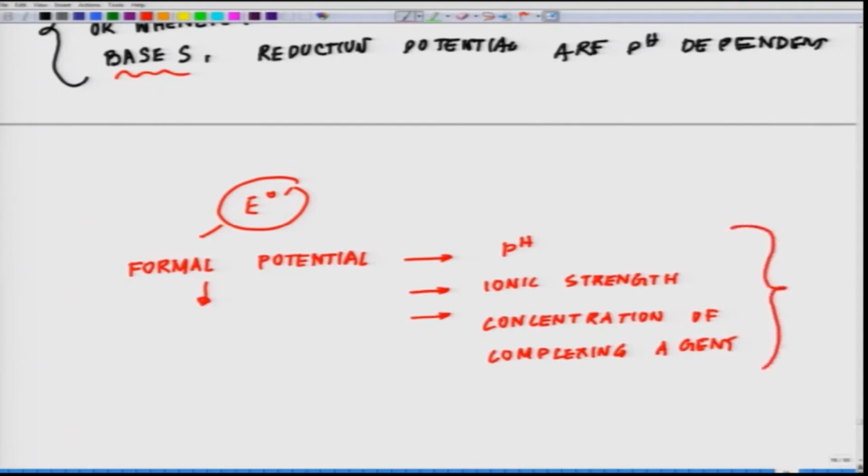At this point, you people have to remember these three aspects. Okay. Biochemists call the formal potential at pH 7 as E0 prime.